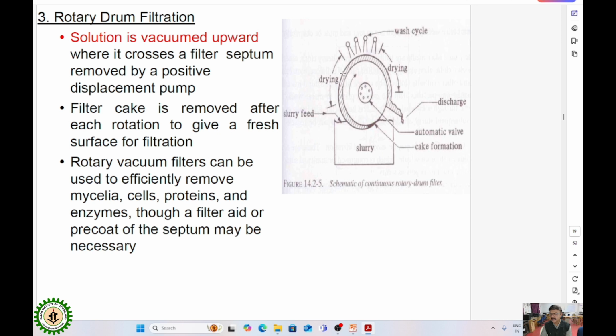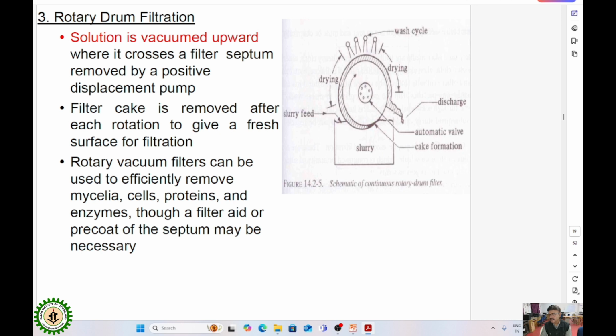When it comes to this position, water showering is there, so that the deposited solid material is washed thoroughly. After that, when it comes to this side, hot air is provided. Under the action of hot air, after washing, the solid cake is dried, and when it comes to this position, a guide blade is placed.